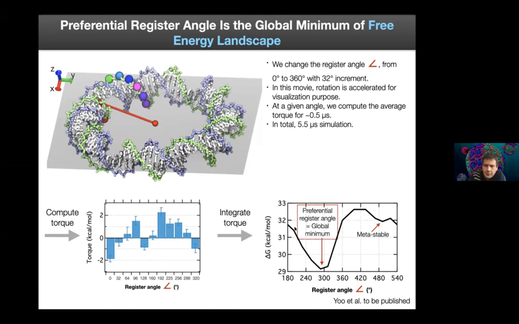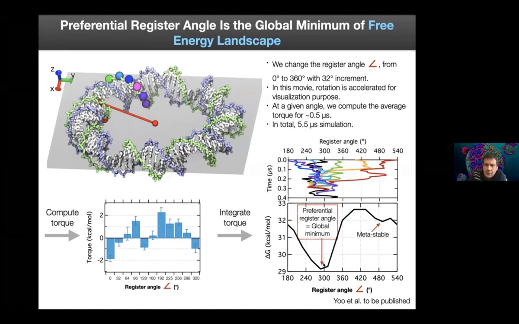The point is that there is this minimum, which is where all those trajectories go, and then there is a metastable state. The message is that there is this free energy for inside-out transition in the DNA circle, which is right in line with what we observe in free equilibration simulations.